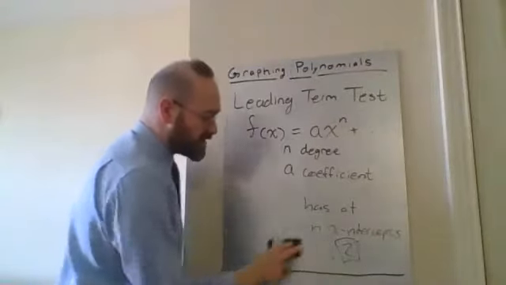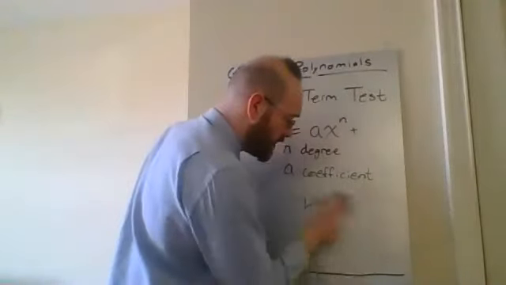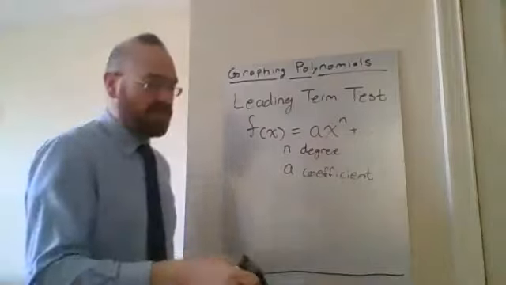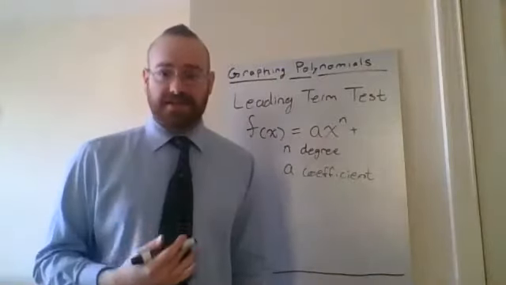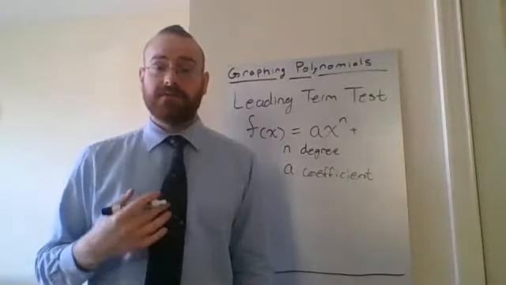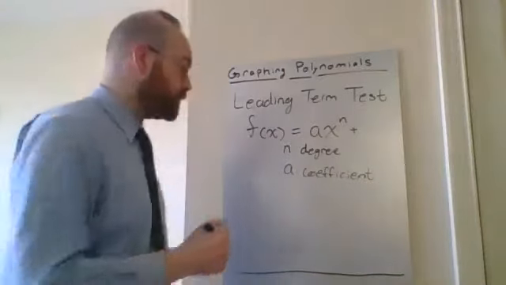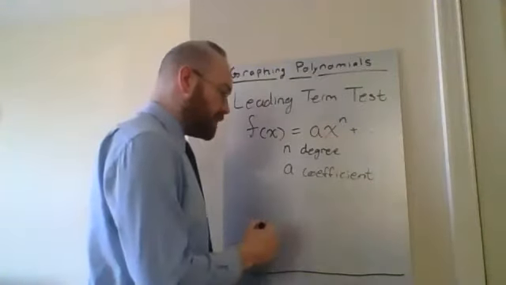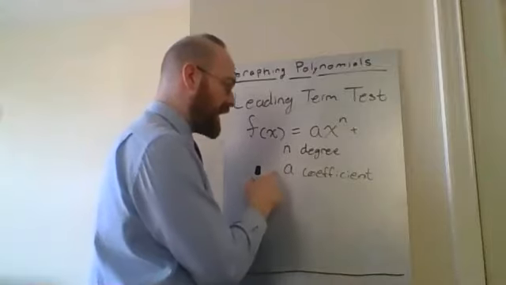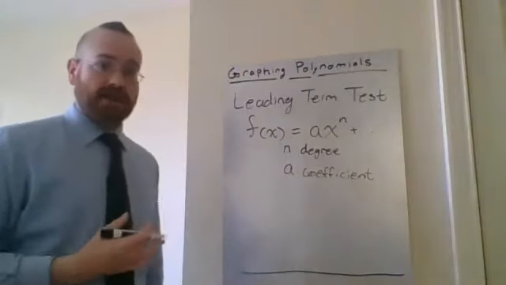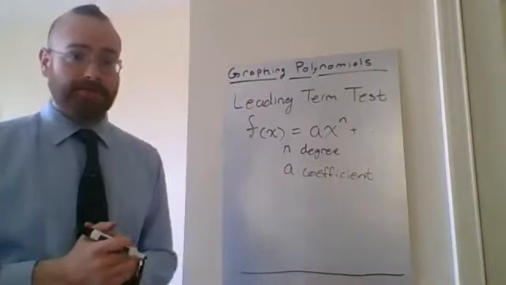But the piece de resistance of this formula, this theorem, this test, is that it tells us the end behavior of polynomials. And that's the first part of being able to graph a polynomial. So we need to think of how n and a interact. What types of things can they be?